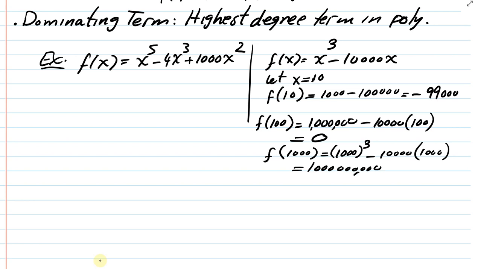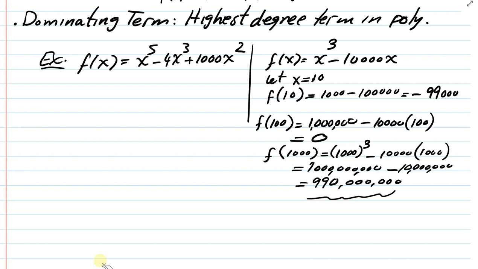You see how it's overtaking the linear term? This one has only 7 zeros, 10 million. So we're now talking about a positive gain of 990 million over the linear term, and that's just f at 1,000, not infinity. So this is what we're talking about dominating.